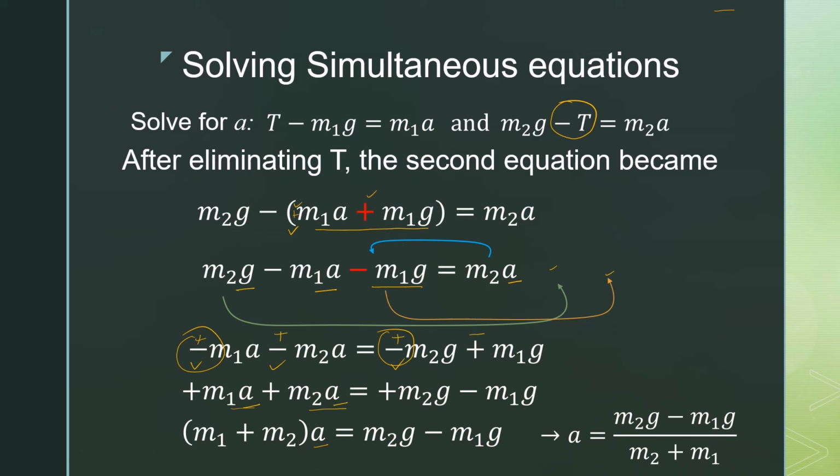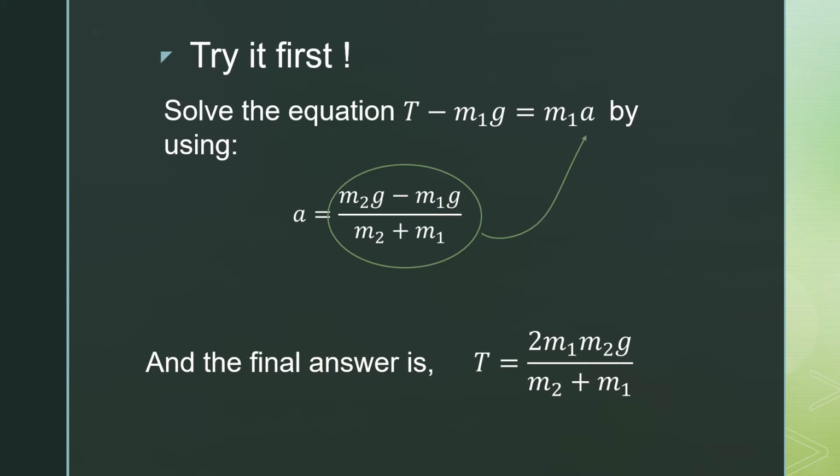After moving this parenthesis term that's multiplying A to the other side, we get this, and that is the solution for A. So now we can tell how A changes when we change either mass number 1, mass number 2, or Z. So basically this problem is done, but since this is a system of equations and T is also not known, after finding A, you can now use this A over there and find T as well.